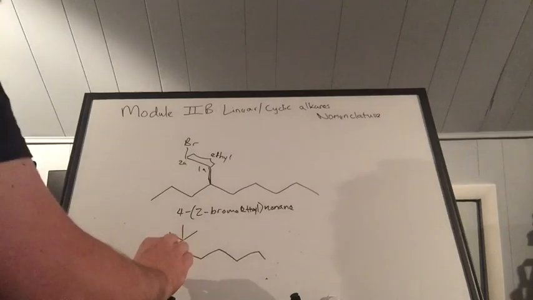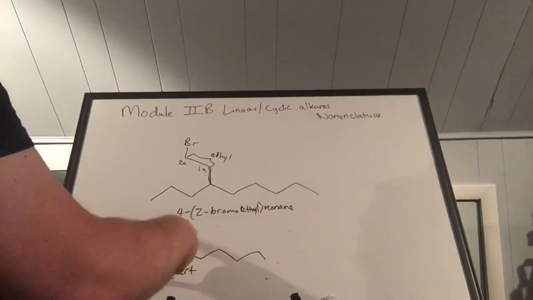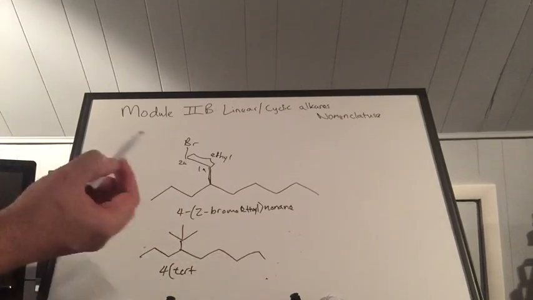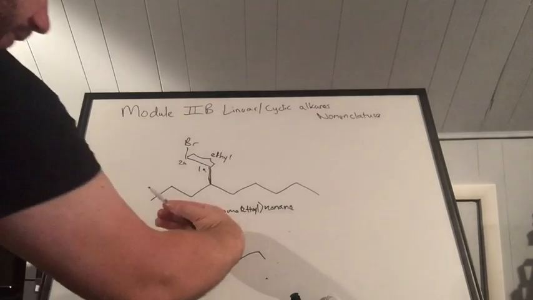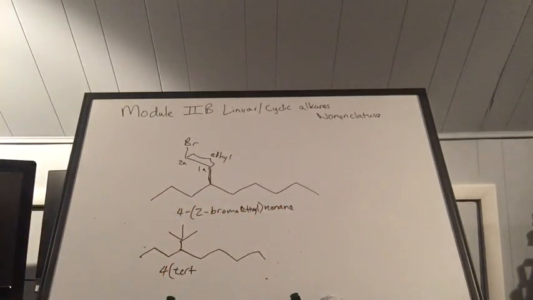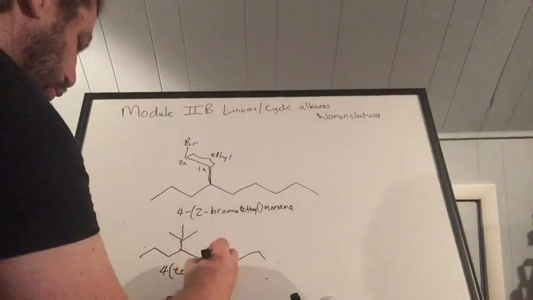So this is going to be 4 tert for tertiary. You have 1, 2, 3 carbons sticking off of that central carbon there, right? So if you think of it without all this other junk that it's branching off of, that's going to be tert-butyl.